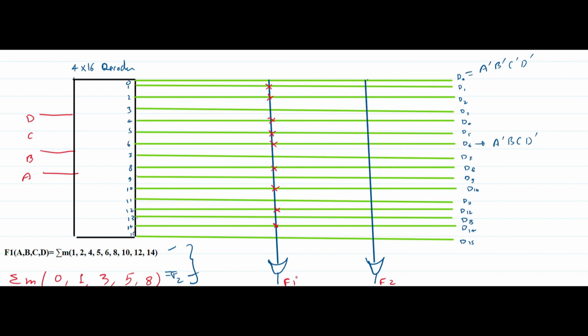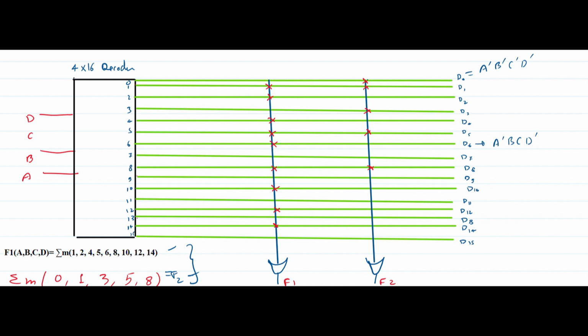So this gives you F1. Similarly for F2, what do I want? 0, 1, then min term 3, min term 5 and min term 8. So this will give you F2.